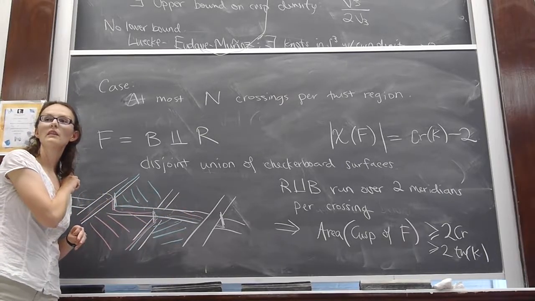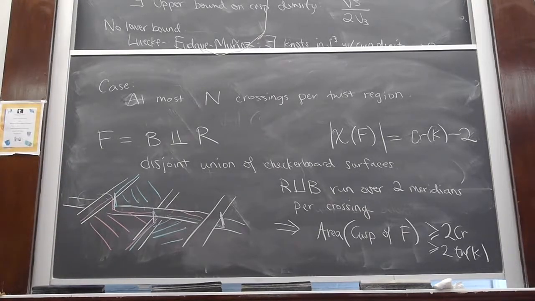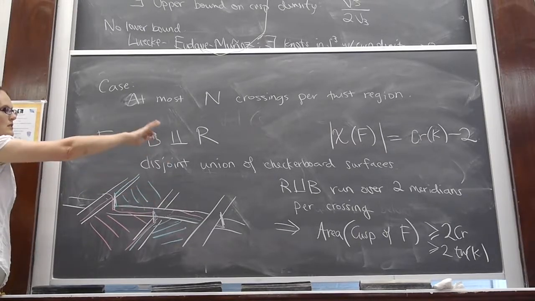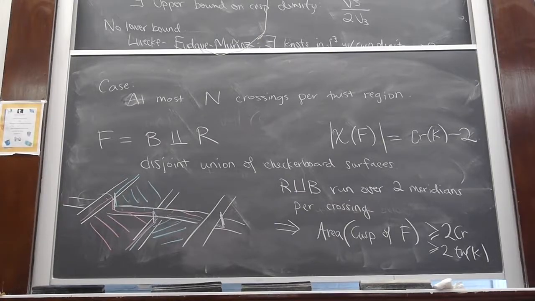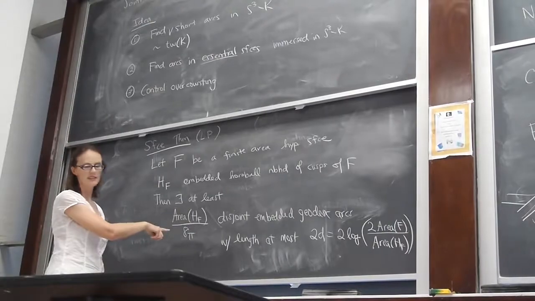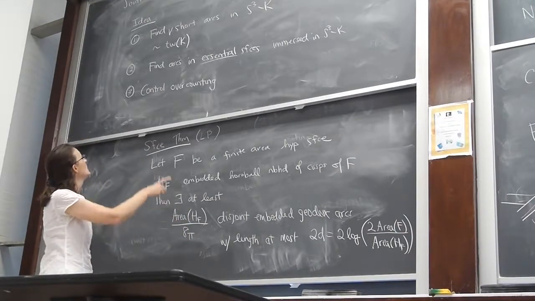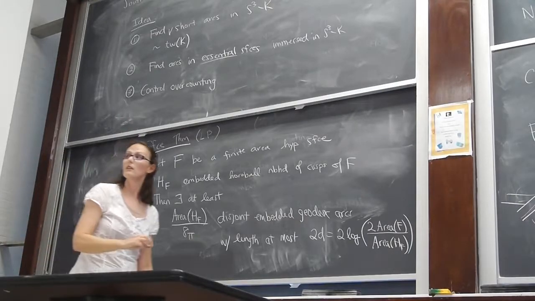So it's a crossing-punctured sphere. With these two pieces of information, we immediately pick up a large number of disjoint embedded geodesic arcs with bounded length. And so this is going to give us a cusp estimate, provided we can control overcounting.